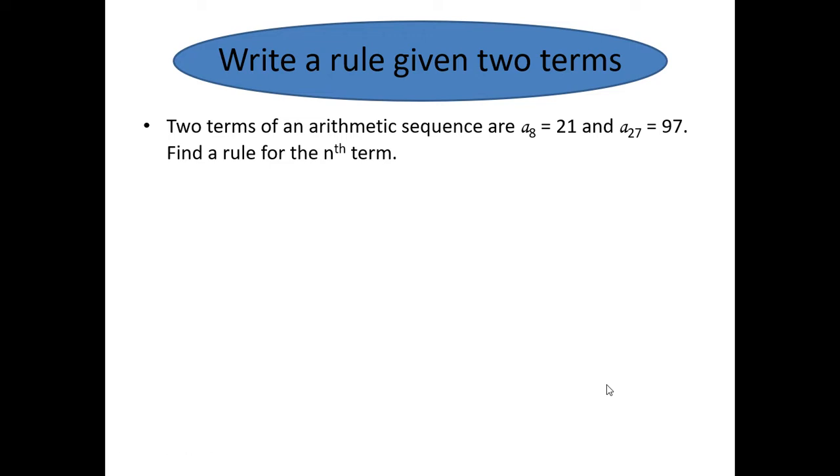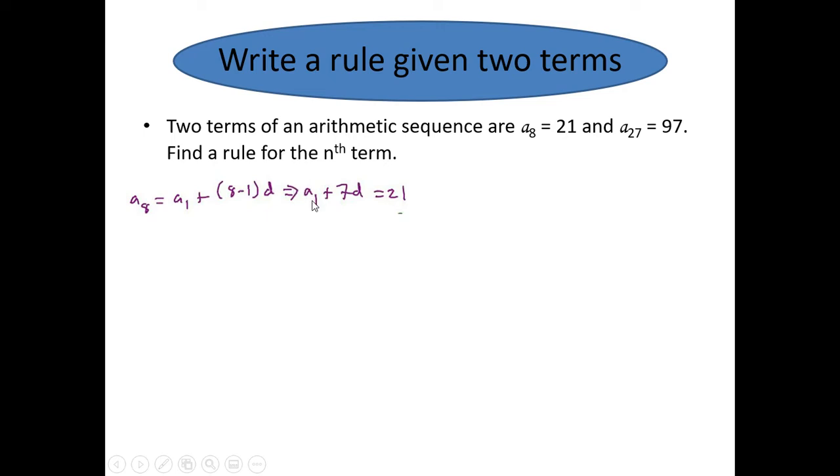All right, let's take a look at writing a rule given two terms and not necessarily having a sub 1. But I can figure it out. How can I do that? Well, I know what a sub 8 is, and I know that a sub 1 plus 8 minus 1, because my n is 8, times d. I can figure out that a sub 1 plus 7d is equal to 21.